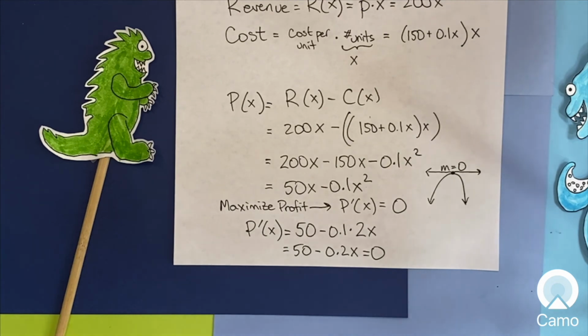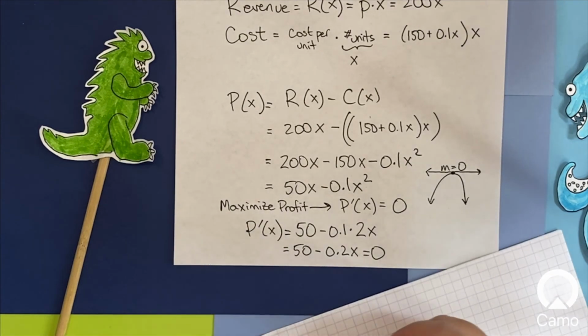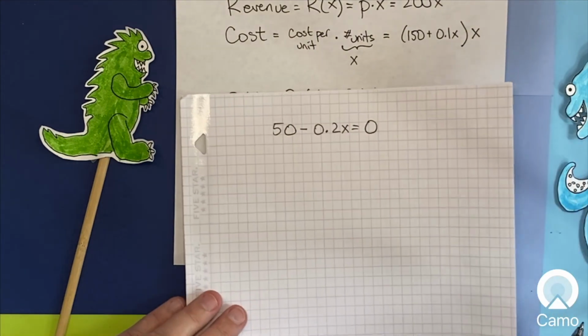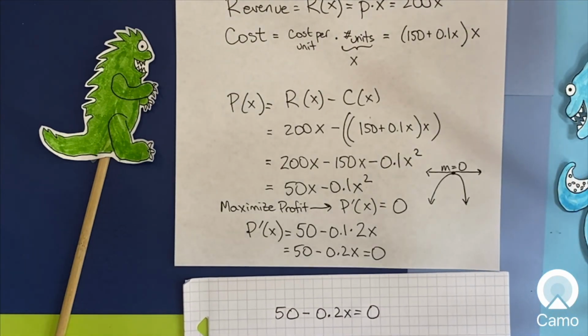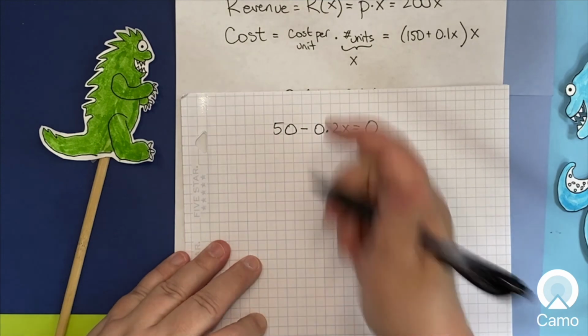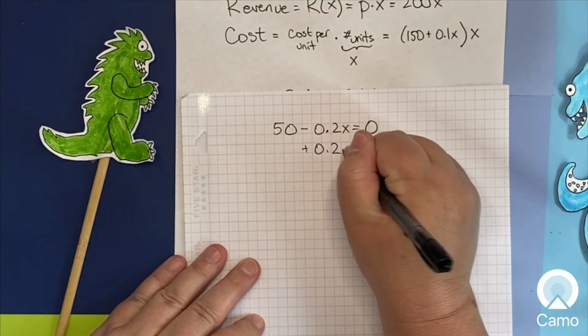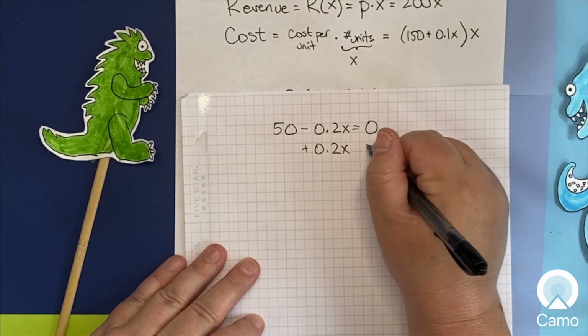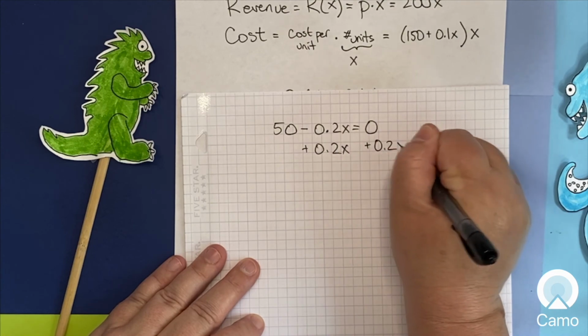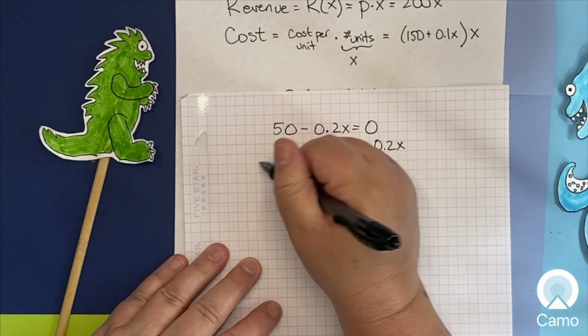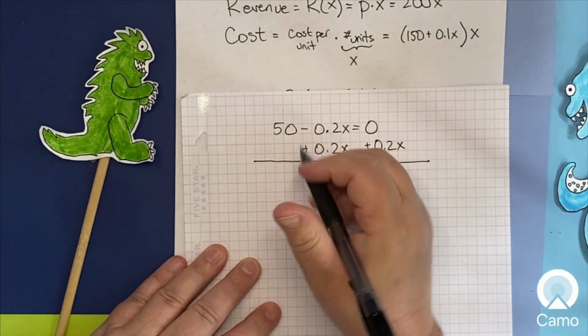Okay, 50, that's what we've got right there. Then I'm going to add 0.2x to both sides. You could subtract 50, however you want to do it. This is a matter of style. You actually don't have to do this; a lot of people could probably solve this in their head. You can divide both sides by 0.2.